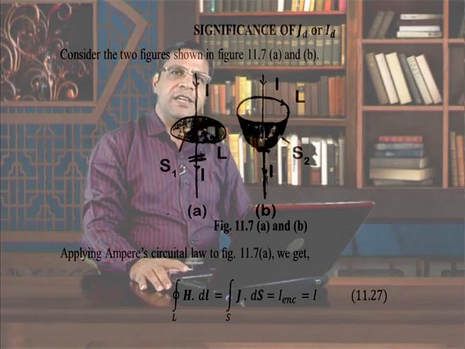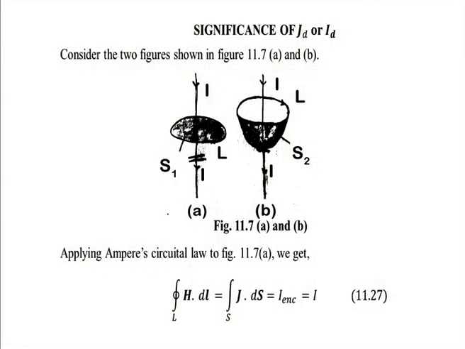Let us now understand the significance of JD or ID, for which we need to focus on figure 11.7a and b.